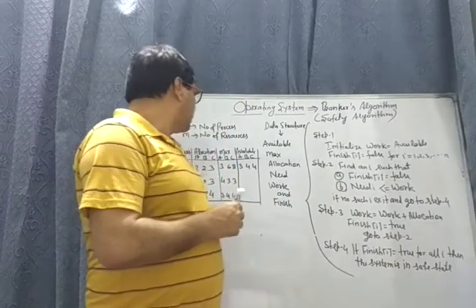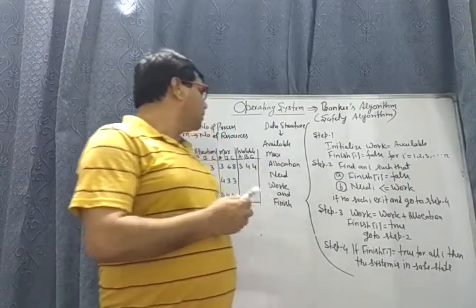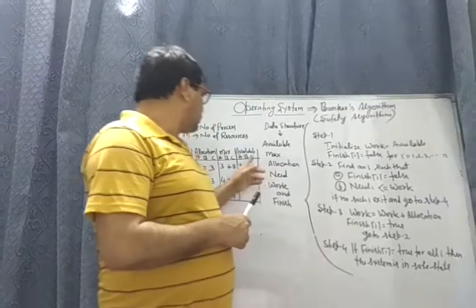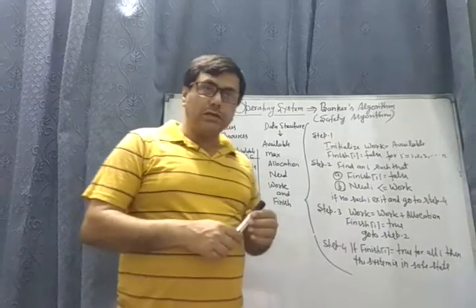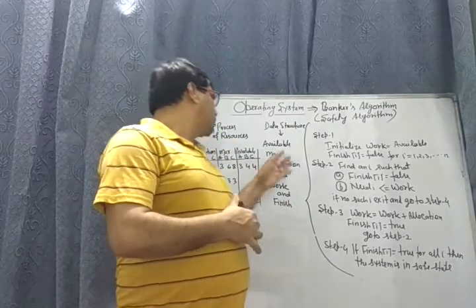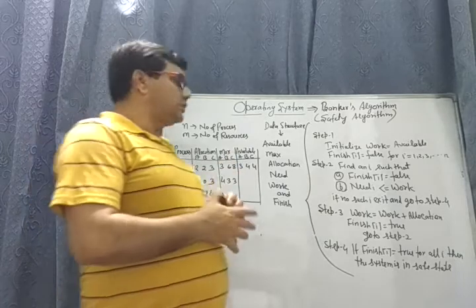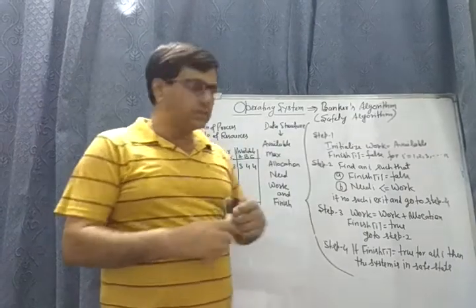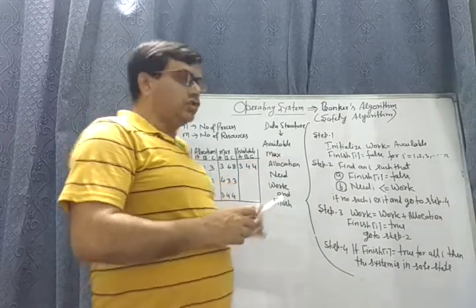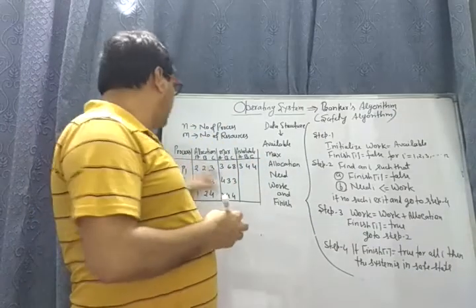Now the second data structure is Max. This Max shows the maximum demand of resources related to a particular process in the system. It is also a two-dimensional array of n cross m.